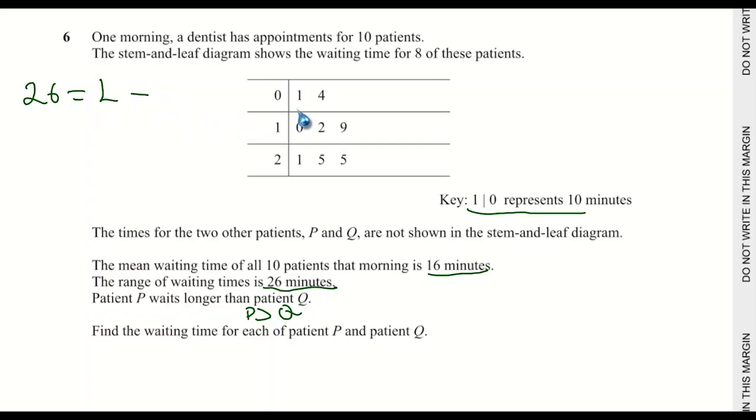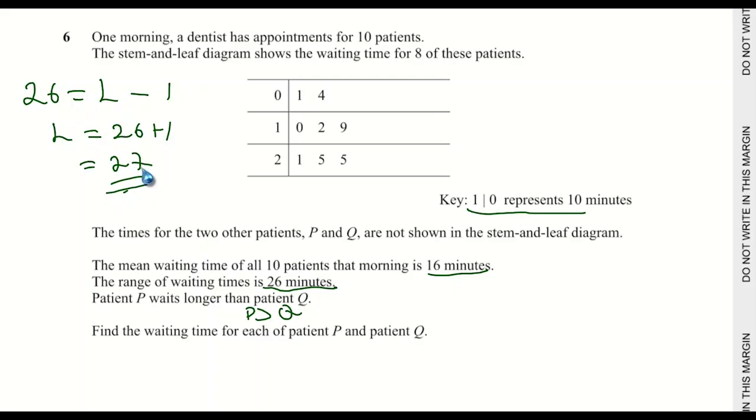The shortest is 1, right? So we can now get the longest waiting time. So L equals 26 plus 1, so this will be 27.